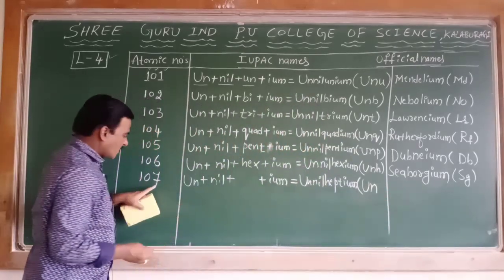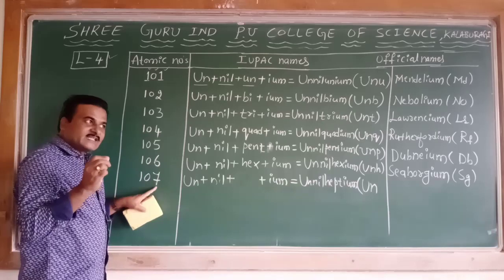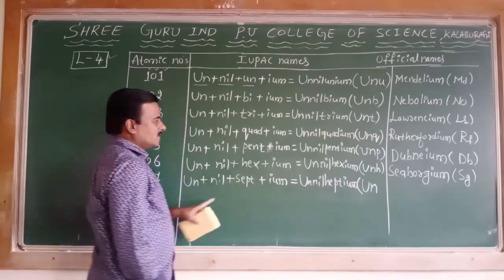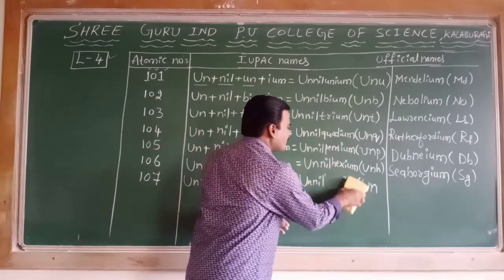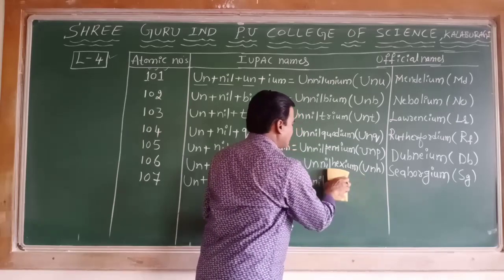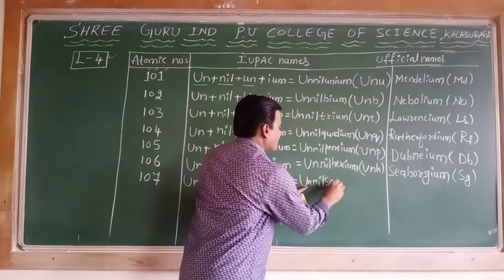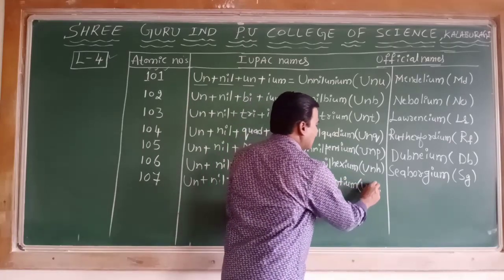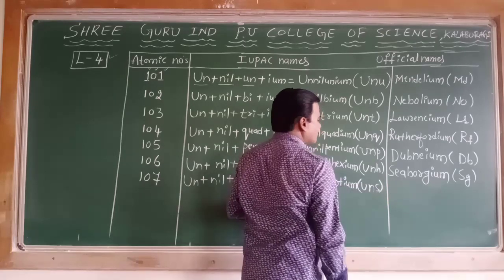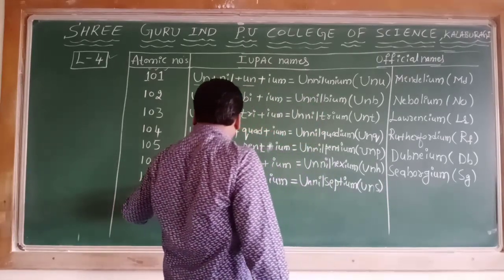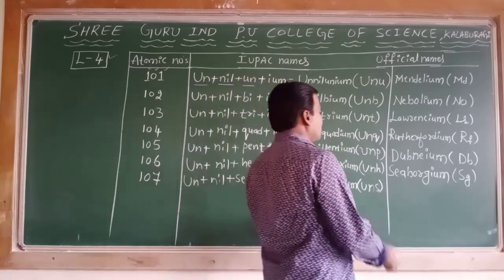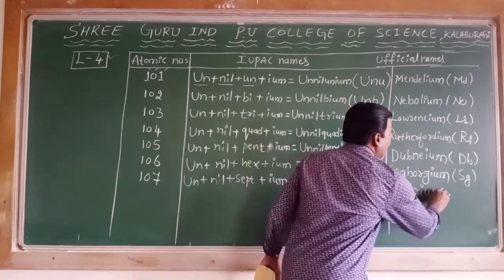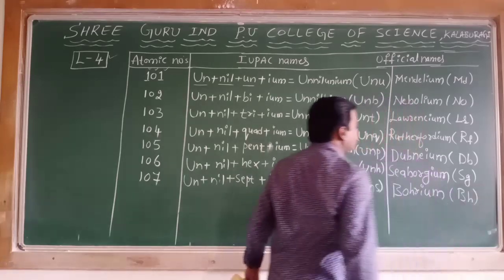So, unnilseptium, symbol Uns. And the official name of the element with atomic number 107 is bohrium, symbol Bh.